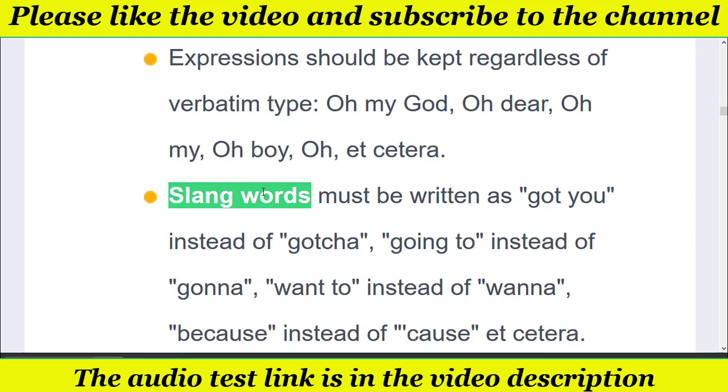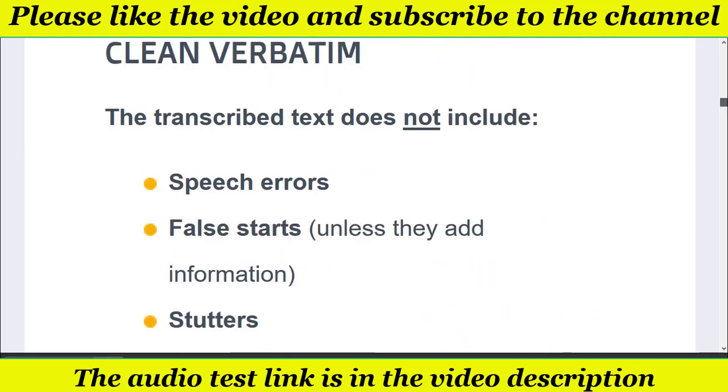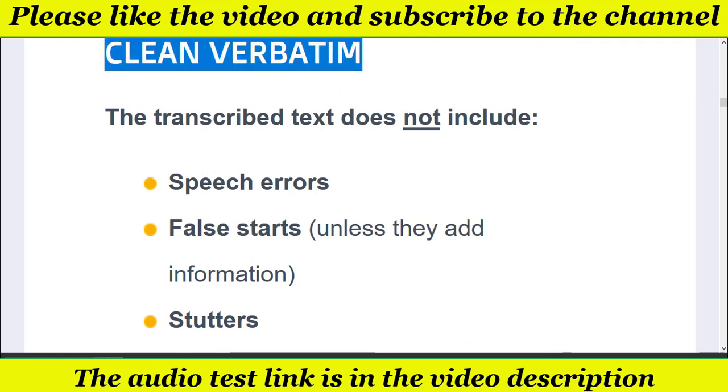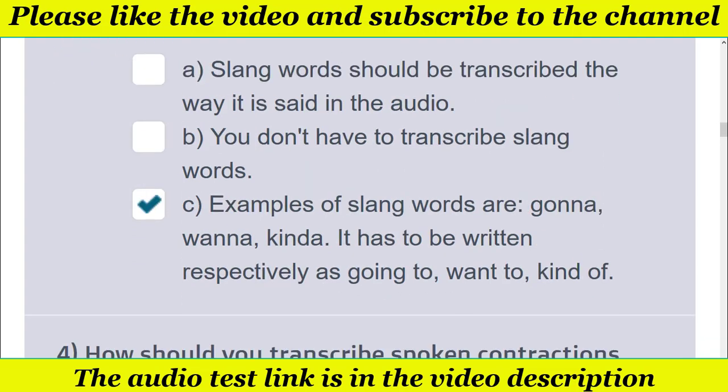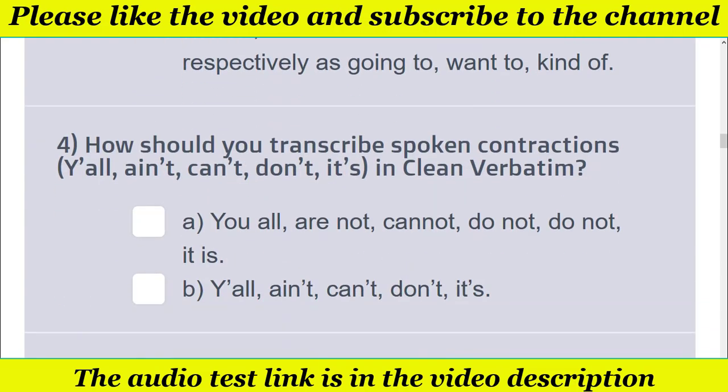And here is, slang words must be written as got you instead of gotcha, going to instead of gonna, want to instead of wanna, etc. So this is the rule for slang words in the clean verbatim section. So that's why the third question answer is C option. Examples of slang words are gonna, wanna, which are going to, want to, and kind of respectively. So this C option is correct.